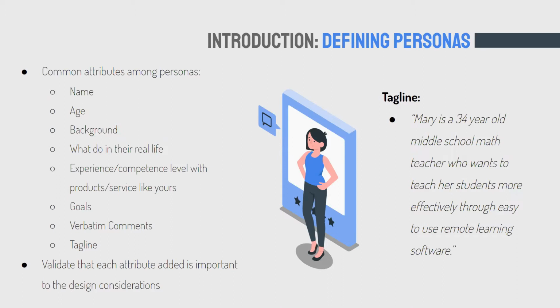Some things to keep in mind, some things to include with your personas. Oftentimes you can synthesize the main points covered on the left side of the screen here, which are essentially their goals, their experience, their competency level, with just a quick tagline. So for instance, Mary is a 34-year-old middle school math teacher who wants to teach her students more effectively through easy-to-use remote learning software.